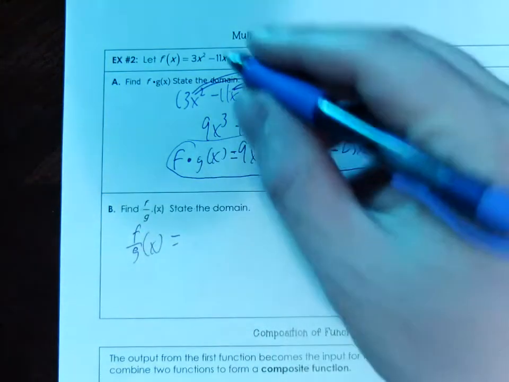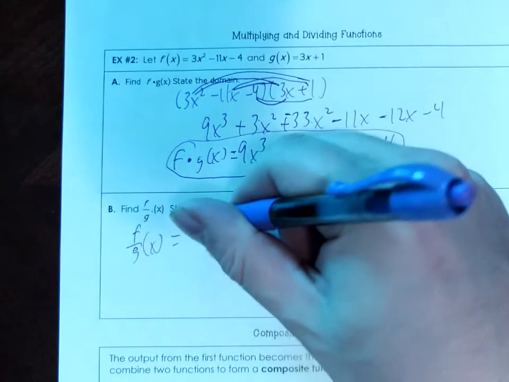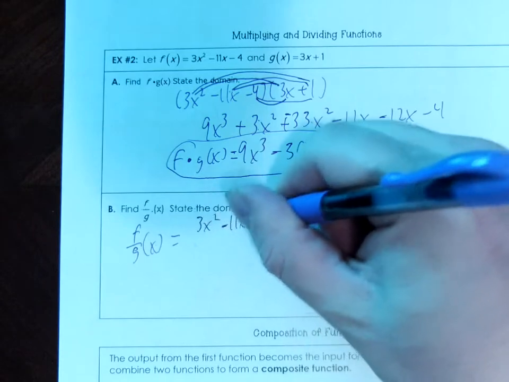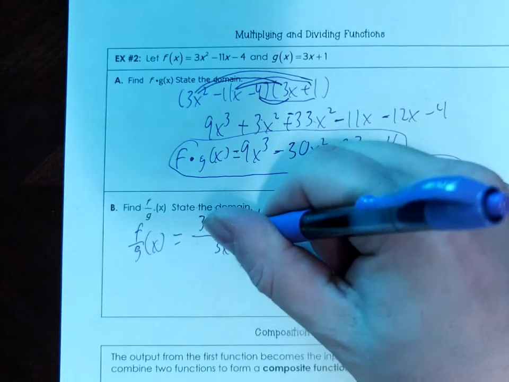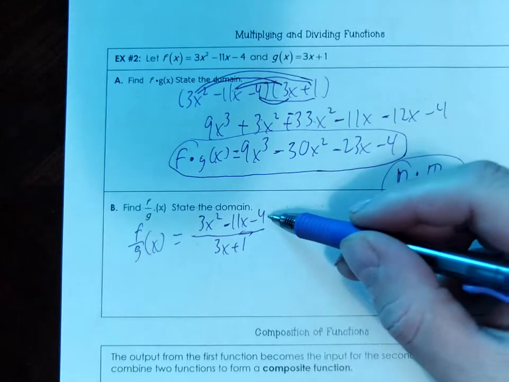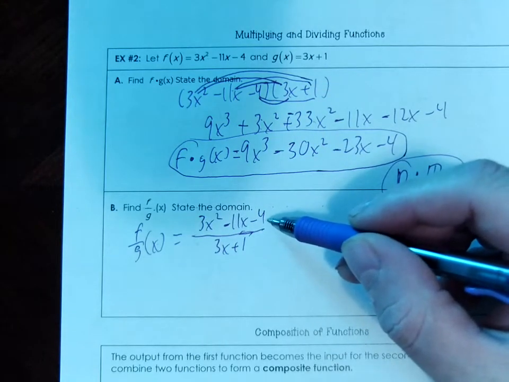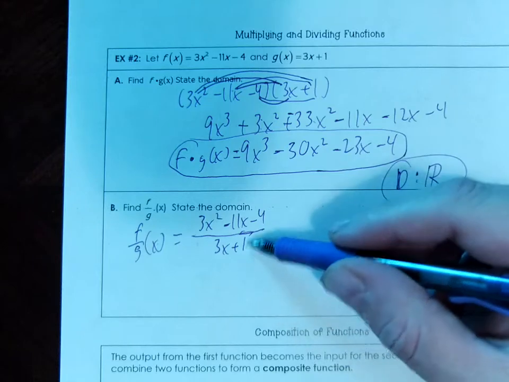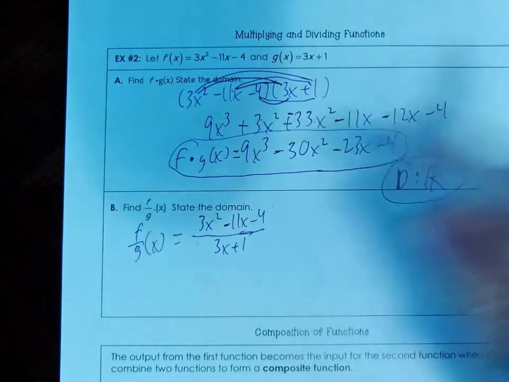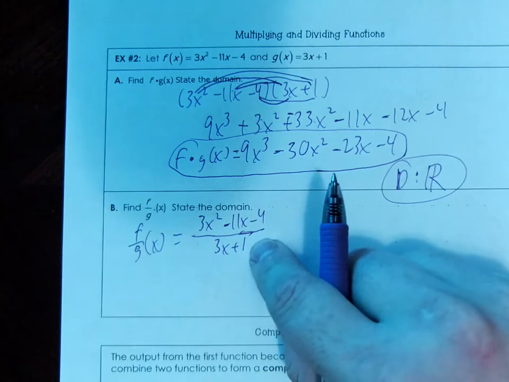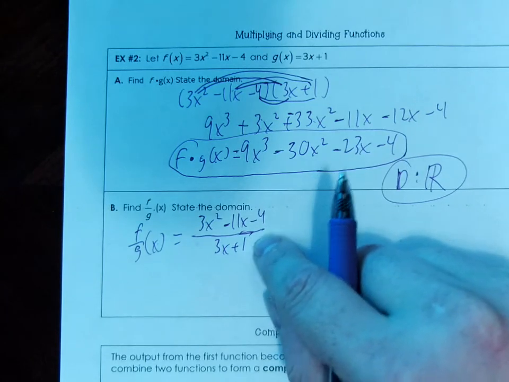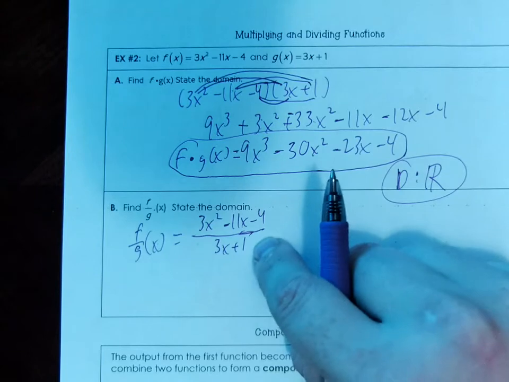The original item is equal to 3x squared minus 11x minus 4 divided by 3x plus 1. But I need to figure out if this numerator factors and reduces with the denominator. I don't need to figure out what its factors are, I just need to figure out if it has the factor of 3x plus 1.